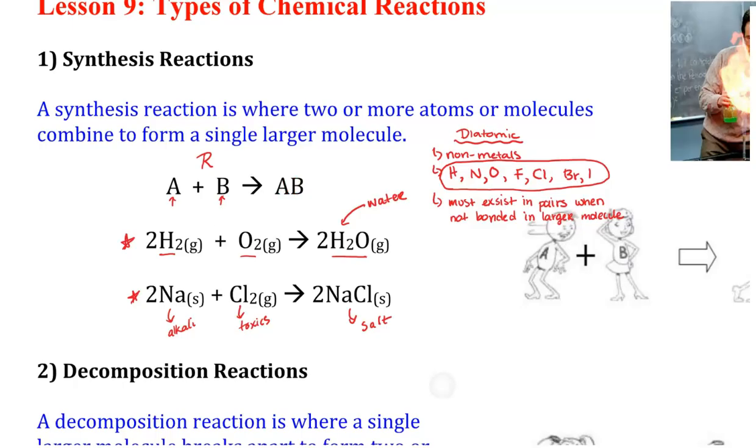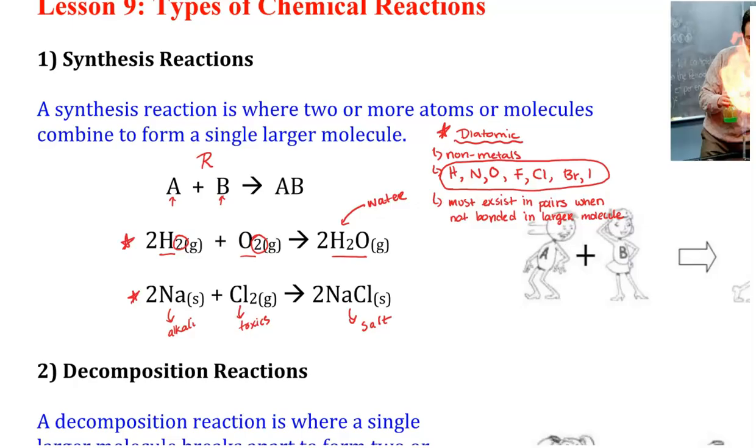But I do want to emphasize here that our hydrogens and our oxygens, it's not just hydrogen, there's a subscript of 2, and that's because these are what we call diatomic. I know I mentioned the word diatomic quite a few classes ago, and if you don't remember, that's okay. We'll talk about it now.